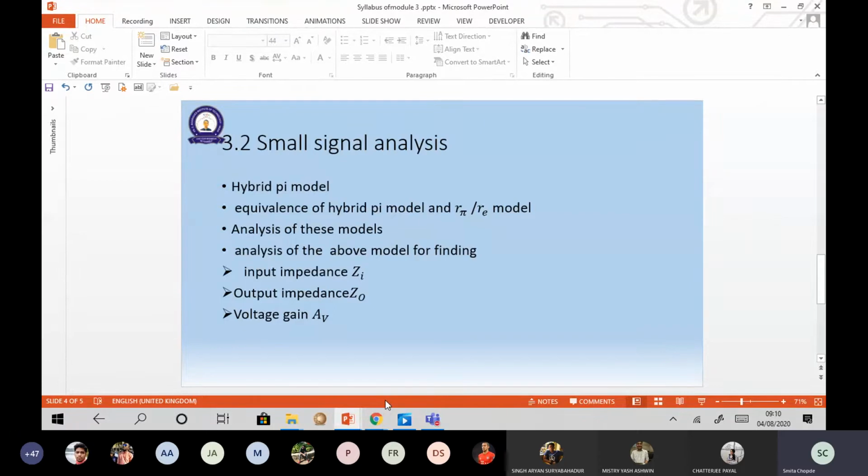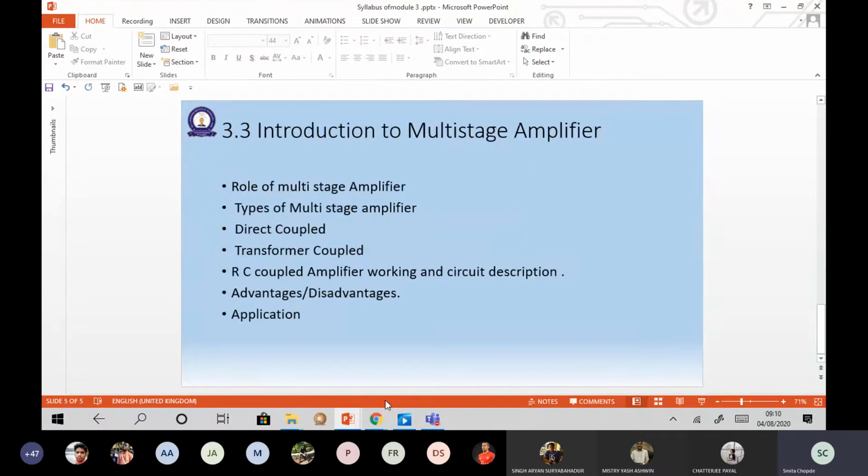Fine. So this is largely more on analysis, and the theoretical part comes over here. Introduction to multi-stage amplifier, role of multi-stage amplifier, various types of multi-stage amplifier which are described as direct coupled, transformer coupled, RC coupled amplifier, their working, circuit description, then advantages, disadvantages, and application.